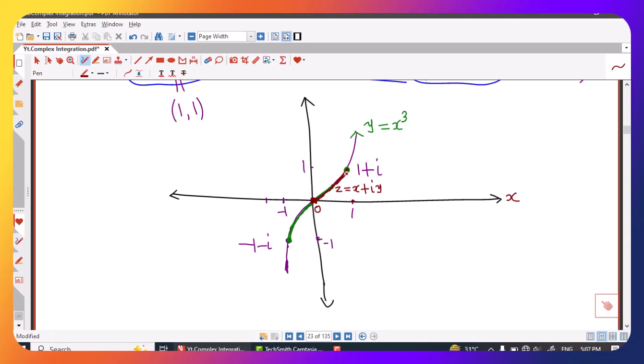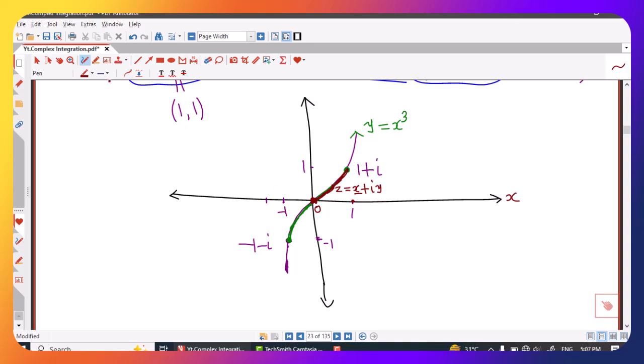So whenever we consider any point in this part of the curve y equal to x cube, then the value of x will vary from 0 to 1. For any z in this part of the curve, x lies between 0 and 1 and y is positive. So for any point in this part of the curve, y is greater than 0.